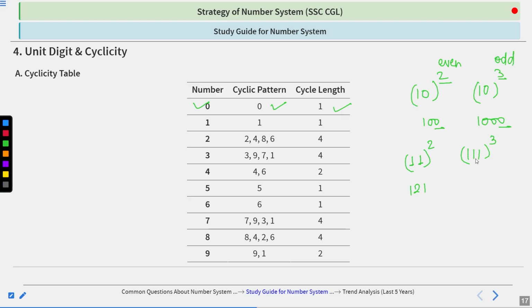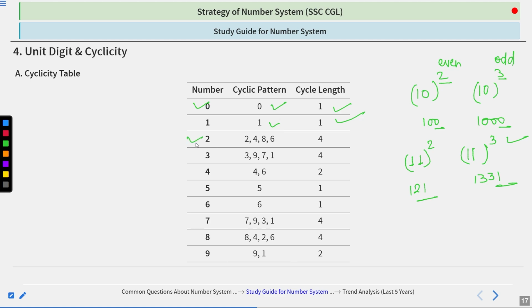In the same way, 11 cubed is 1331. We can clearly see that we always get 1 at the unit place if we take an even power or an odd power. So the cyclic pattern is 1 and the cyclic length is 1.